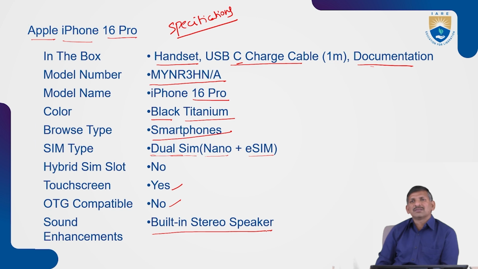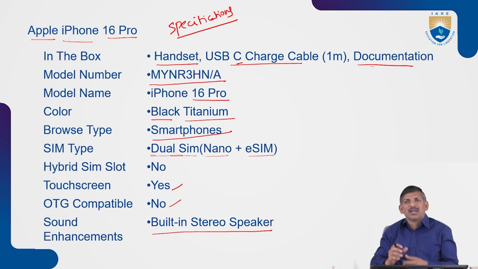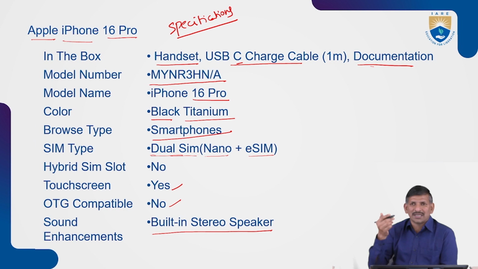In some cases, we require external woofer devices to hear that much quality of sound, pin drop silence, a needle sound, a water bubble sound, to capture each and every pinpoint. So in some cases we require external peripherals for that. This iPhone 16 Pro contains inbuilt stereo speakers.